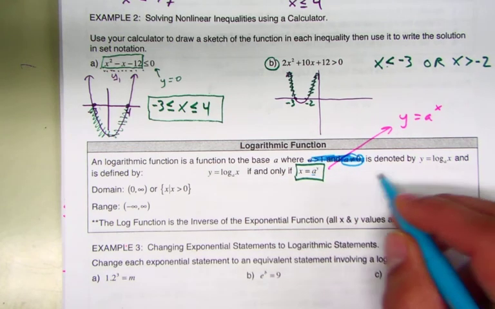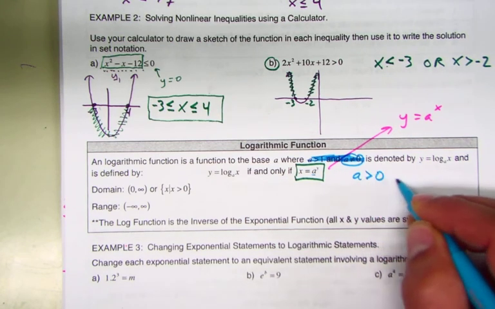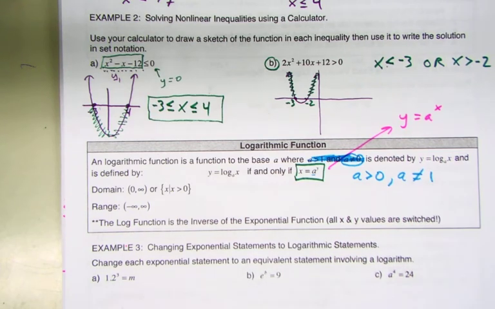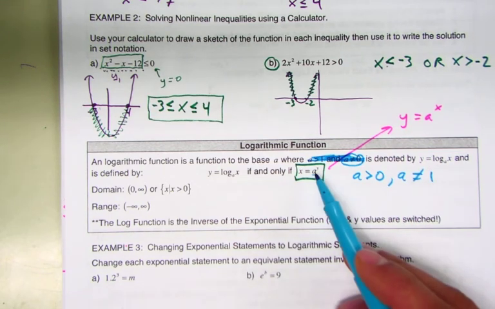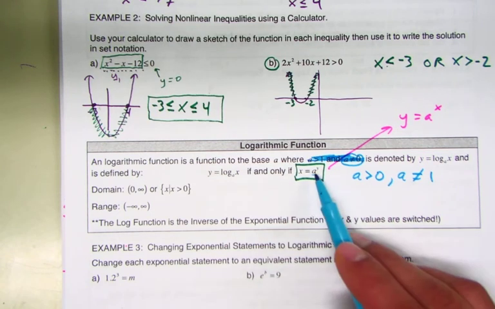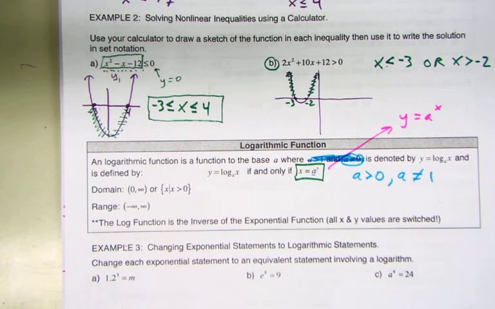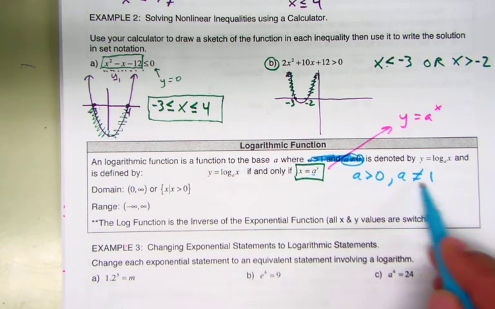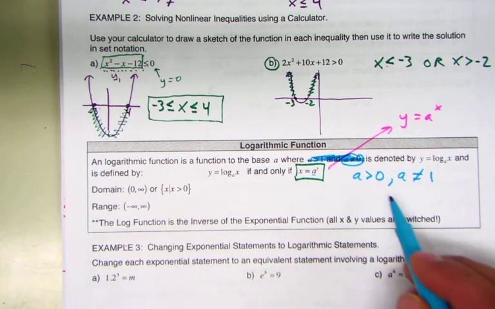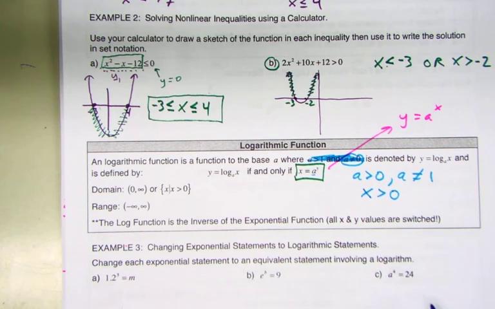Let's change this. a is greater than 0, and it's never equal to 1. Okay? We could have a base that's a fraction less than 1 in here. I think that's a typo. That should be switched around. But we can never have 1 because 1 to anything is 1, so it's not an exponential function anymore. So we have these two restrictions. And as a result of that, x has to always be positive.